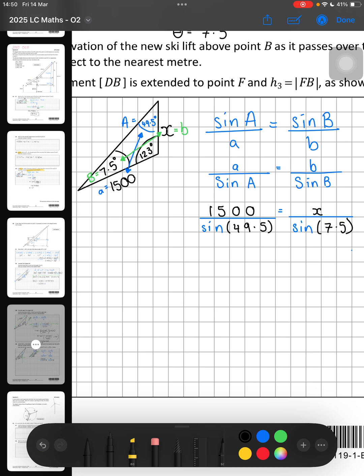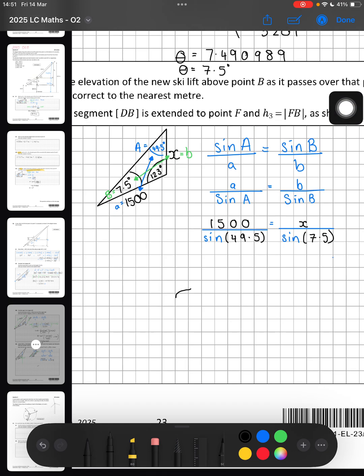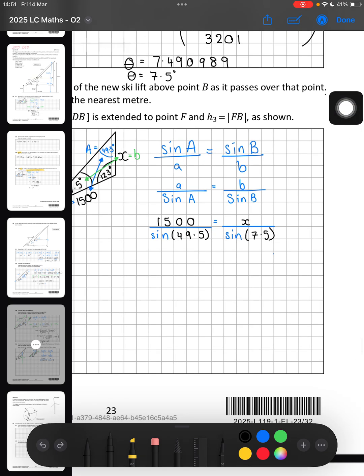Okay, now I need to get x on a side by itself, so I'm going to rearrange this. How do I get rid of this sine 7.5 that's dividing? I can just multiply across by sine 7.5, and I have to multiply the other side as well by sine 7.5.